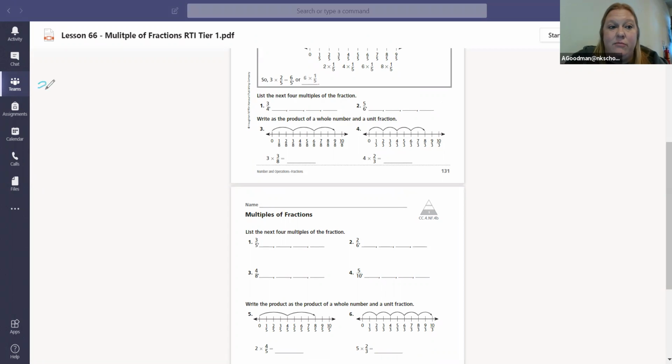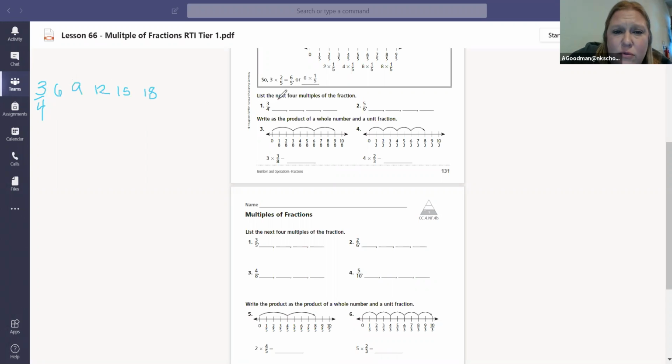So I'm gonna write down the multiples of 3: 3, 6, 9, 12, 15, 18. I don't even need to go that far because it says only 4 multiples. So here's the one that is 3/4, I'm only gonna write 4ths underneath that one. 3/4, that's the original number. The multiples are 6/4, 9/4, 12/4, 15/4, 18/4.